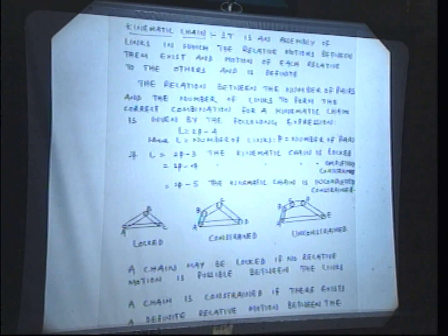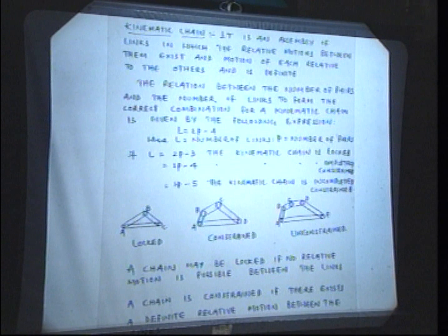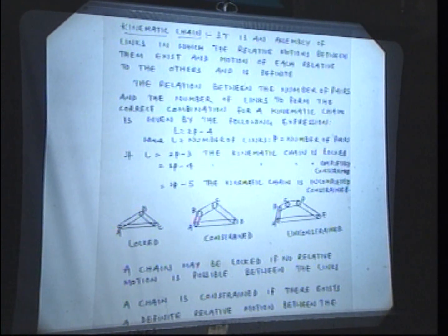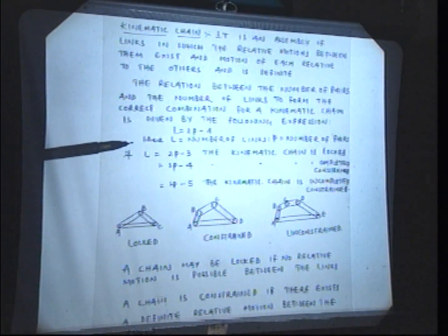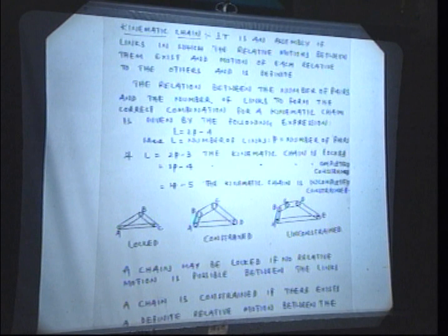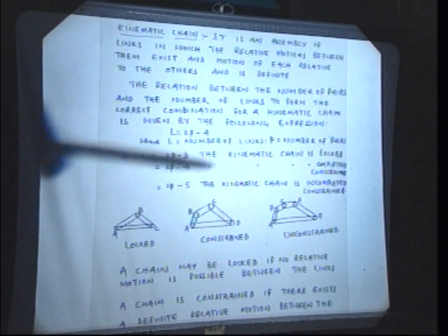The relation between the number of pairs and the number of links to form the correct combination for a kinematic chain is given by the following expression: L = 2p - 4, where L is the number of links and p is the number of pairs.